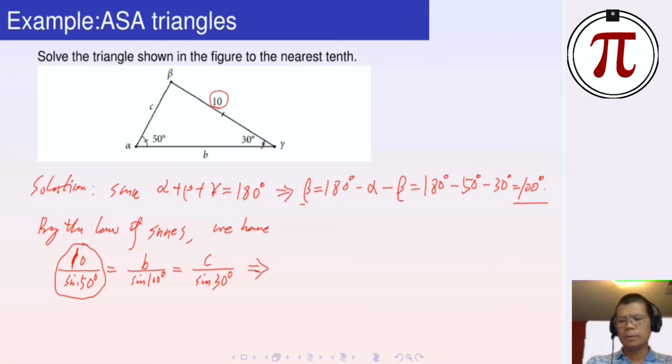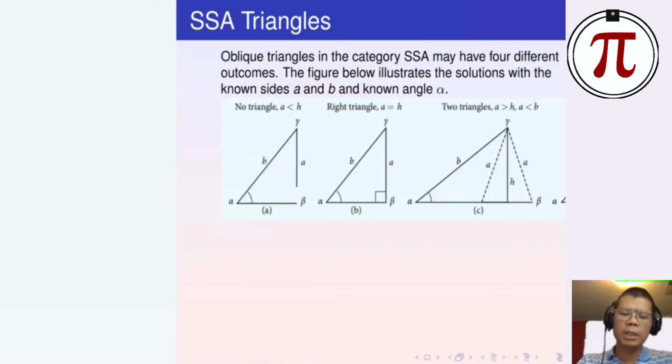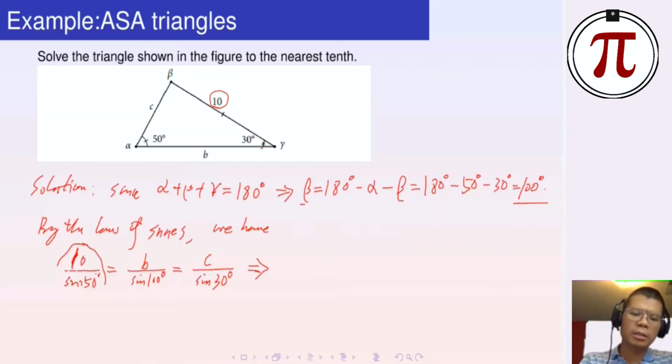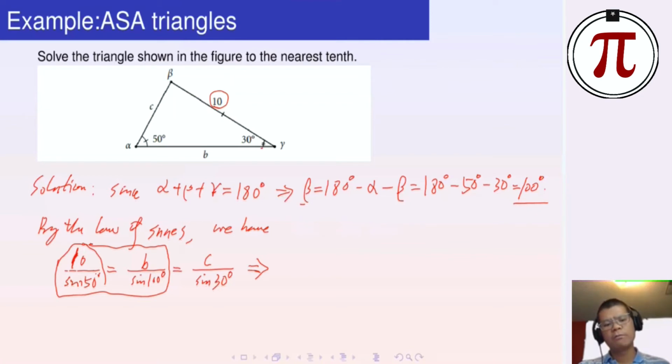Firstly, consider 10 over sine 50 equals B over sine 100.